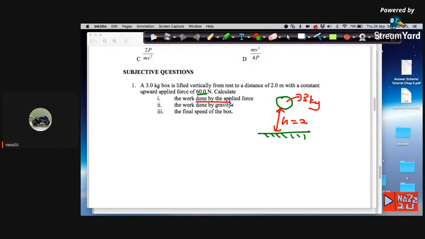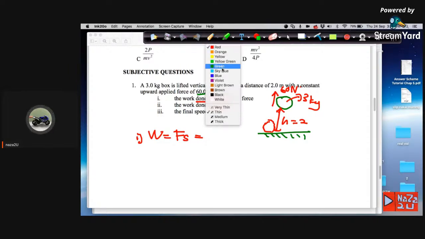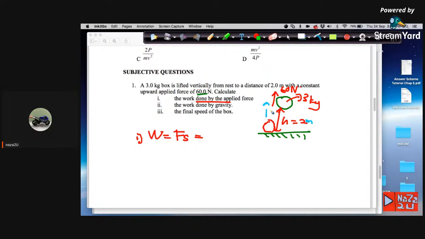So, we have a 60 Newton, right? Work done applied force here. So the work done, this is number 1. The work done or equation for the work is Fs, right? So the Fs here, because the object start from the ground surface and the next lifted to height of 2 meter, okay, to upward.